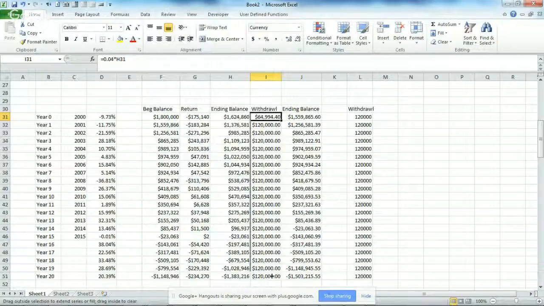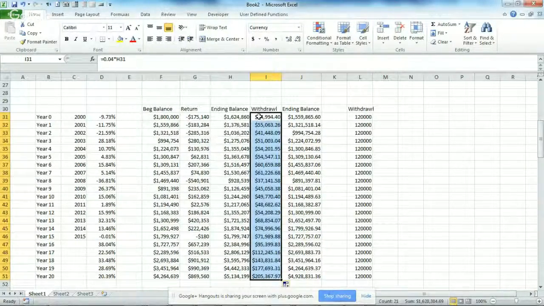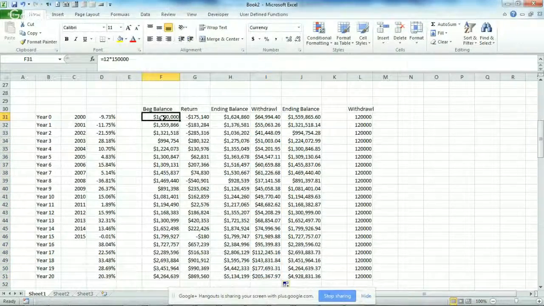So if the market goes down after you're ready to retire, you put in your $1.8 million that you've worked so hard for, which is like 12 times your ending yearly salary. And now all of a sudden you have only $65,000 that you can withdraw.